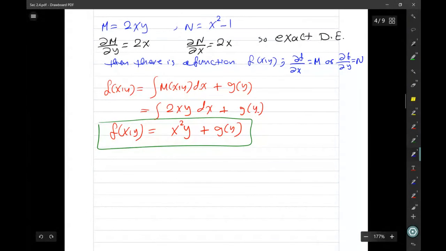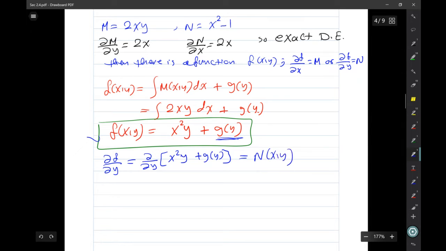Now how will you find that function g of y? Differentiate f with respect to y. This is equal to d by dy of x squared y plus g of y, and equalize it with the other one, which you did not integrate, which is N of x, y.